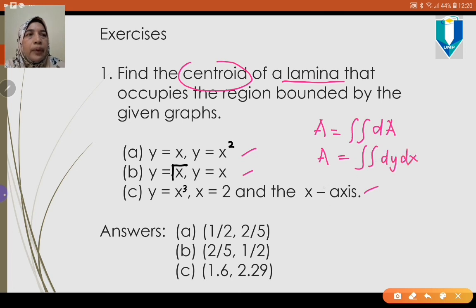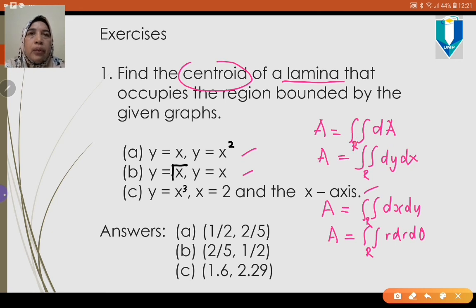If the region is type 2, you use the double integral of dx dy. Or if it is polar, you use the double integral of r dr dθ. I hope you can find the area and use the formula that we learned today to get the centroid of the lamina.